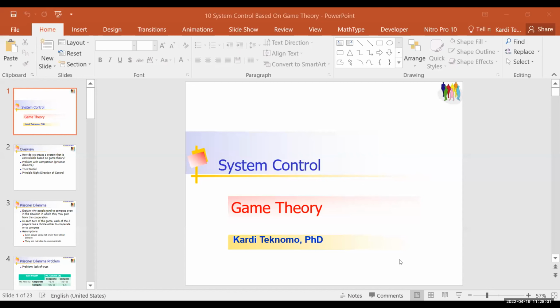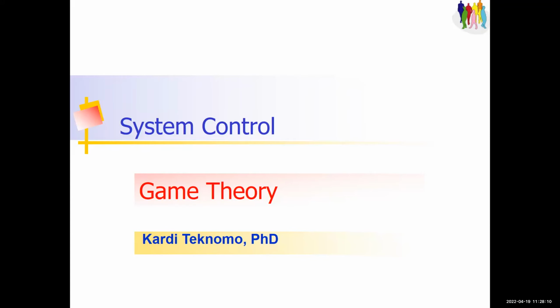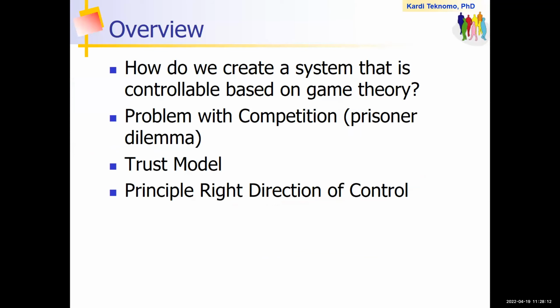Can you check the slide of system control based on game theory? So this is basically the same as a while ago. My question is, how do we create a system that is controllable based on game theory?